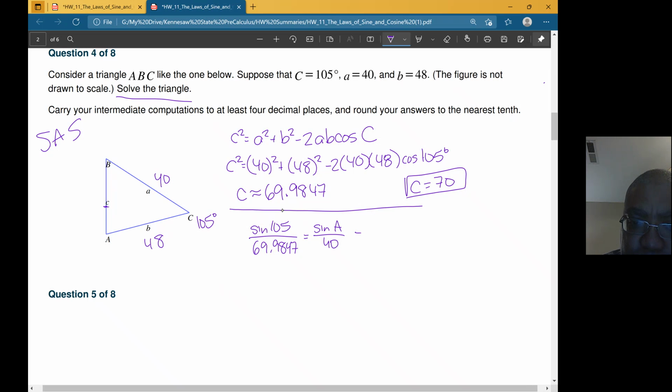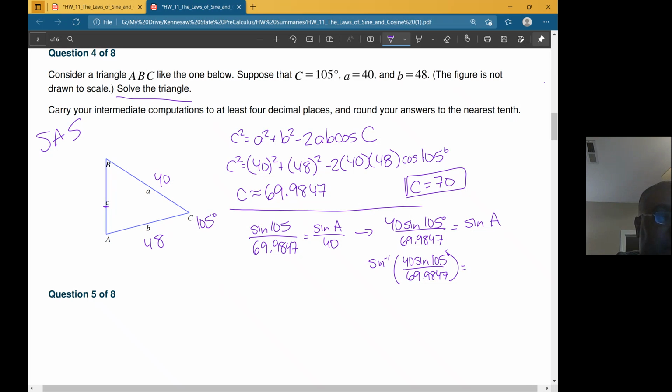So 40 sine of 105 over 69.9847 is equal to the sine of A. That means that the arc sine of all this, 40 sine of 105 degrees over 69.9847, is equal to A.